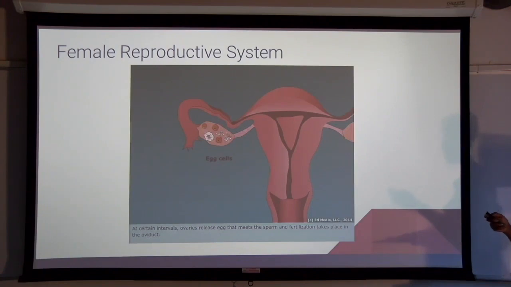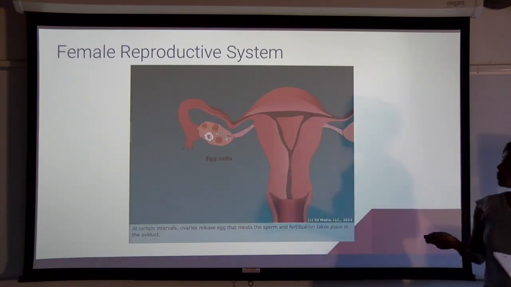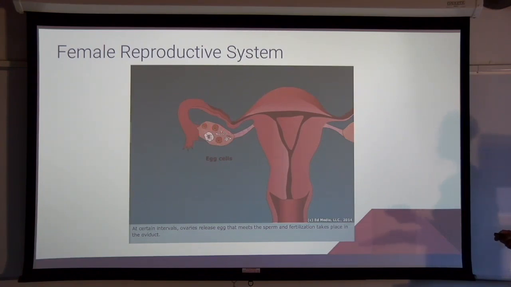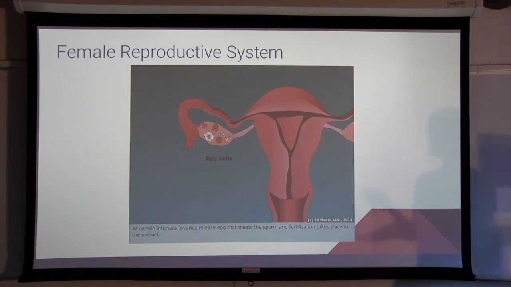And so there's a couple of things that will happen. If you take a look inside of the ovaries, a female is born with pretty much all the eggs that she'll have for all her life. But it's the onset of puberty that will start the maturation of each egg. And so they go through different phases. The phase is dependent on the secretion of hormones such as LH and FSH.